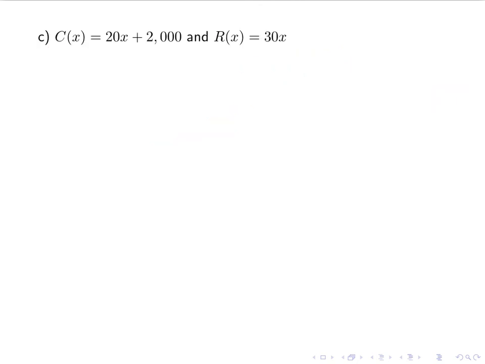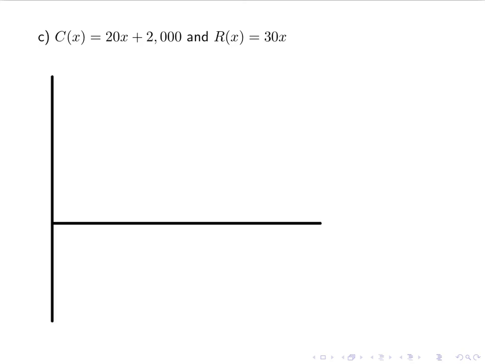So let's try one more. The cost is 20x plus 2,000. The revenue is 30x. So again, the first thing we want to do is find the profit. And that should be 10x minus 2,000. Next, to find the break-even points, we set the profit equal to 0, add the 2,000, divide by 10, and we've got 200.